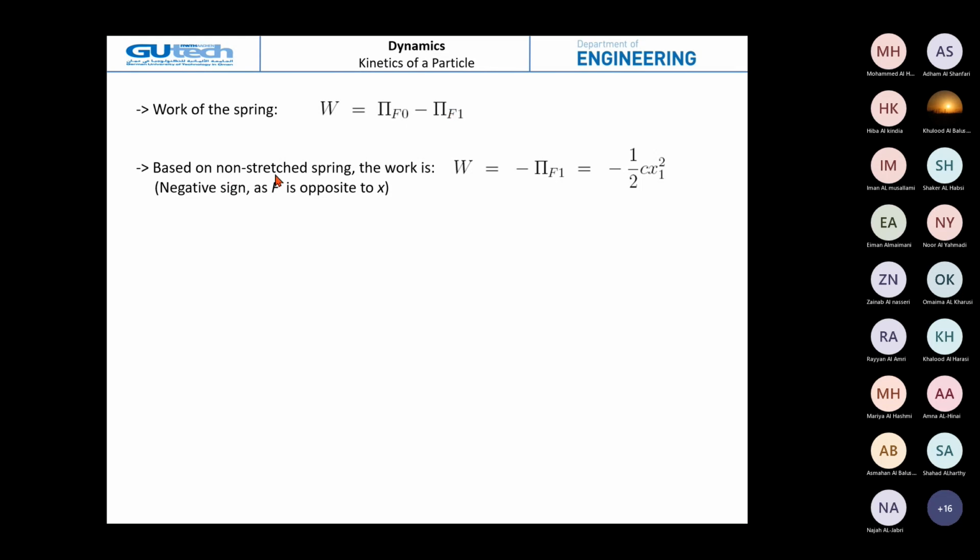Based on the non-stretched spring, the work W is equal to minus the potential of the spring at time t1, or actual time. We have this sign negative as F is opposite to x, the direction of the spring motion.